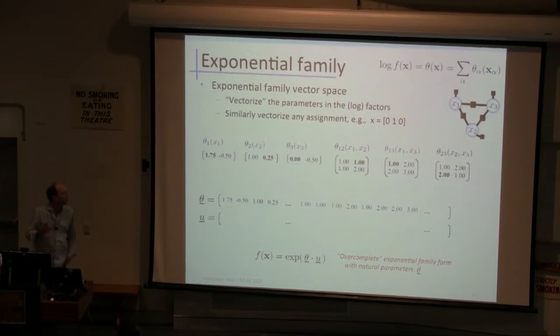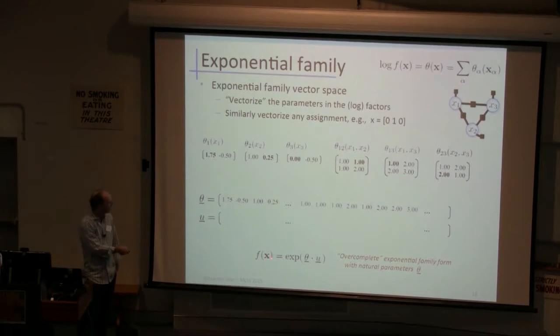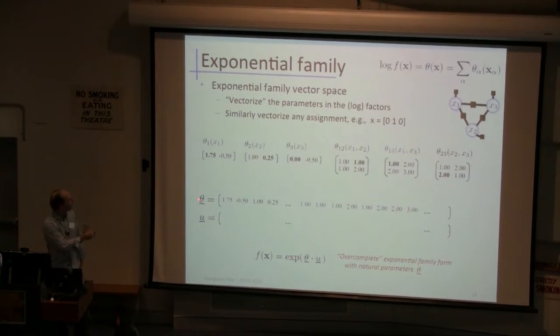And this is actually an exponential family form in that exponential family distributions have a natural parameter theta and some features u. So this describes an overcomplete exponential family form. So our features u, we can take any assignment x and come up with a feature vector whose dot product with theta will be exactly equal to our model evaluation.